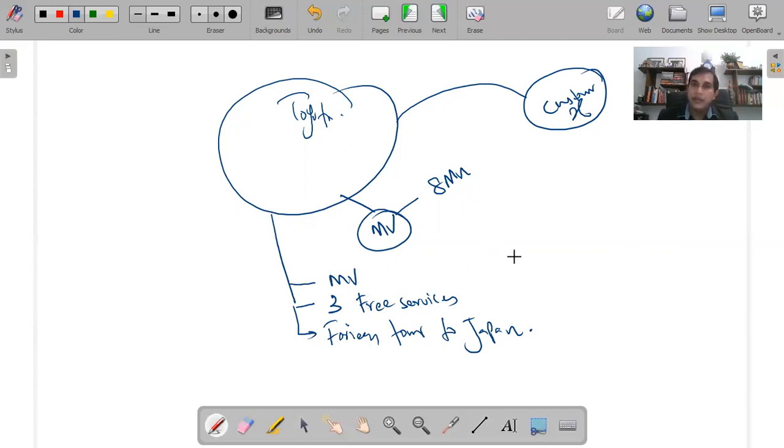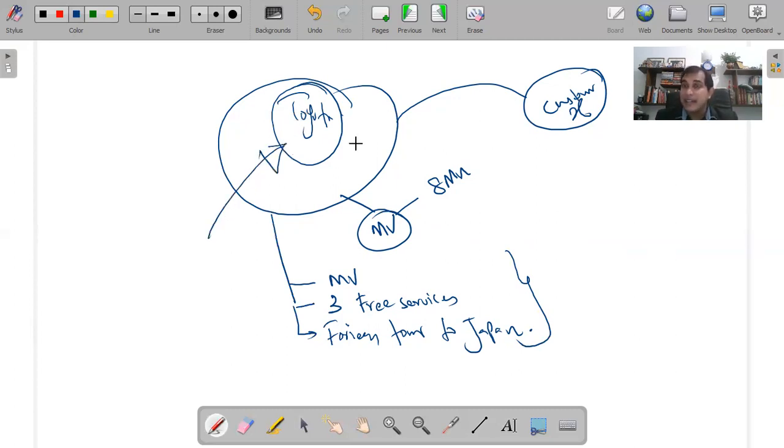Right, now based on this agreement or contract, how many performance obligations are there for Toyota? Because you are going to recognize the revenue of Toyota, not the customer.